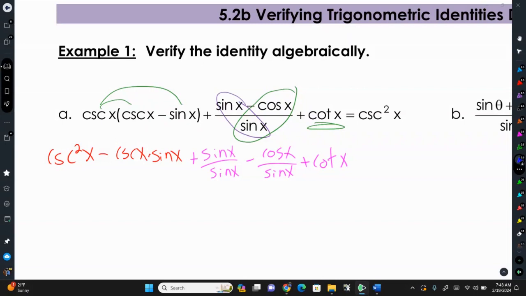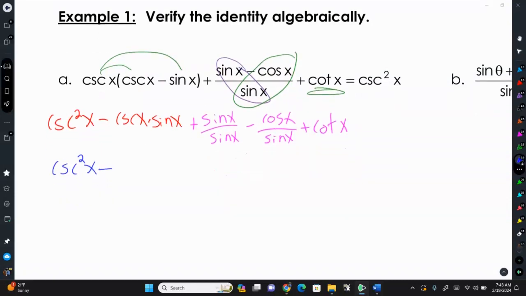All right, so now we have cosecant squared x minus, like I said, cosecant, because it's 1 over sine times sine, that gives you -1. Then sine over sine, that's 1. And then cosine over sine is cotangent, so minus cotangent x plus cotangent x.